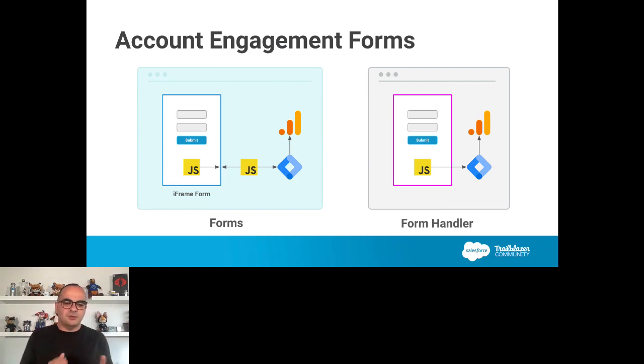The logic, the way it works, is that you need two pieces of JavaScript code, and it's simple code. It doesn't interfere with any code on your website. One of them will be added on Pardot, on the thank you page, where you can include the script that will fire an event.